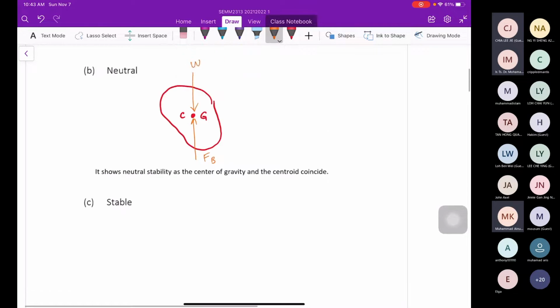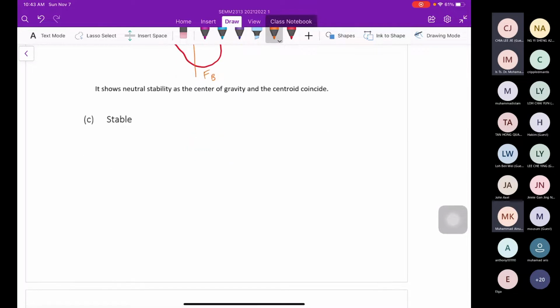However, for the stable one, you can see we have the body. We have the C here, and then we have the G here.